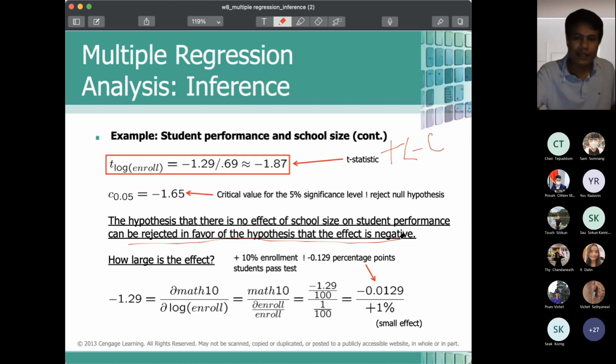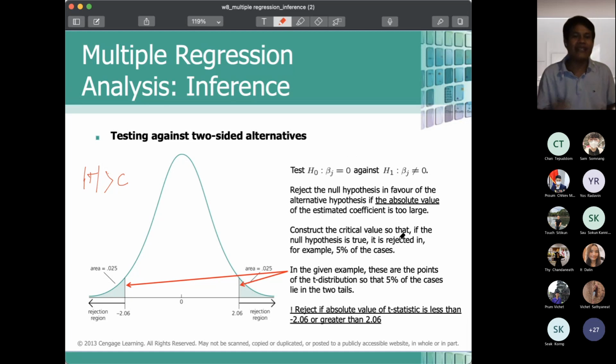All right. So next, now we discuss testing against a two-sided alternative. What is a two-sided alternative? Remember, earlier on, the null hypothesis always starts that delta J equals 0. So for instance, you believe that COVID has a positive effect on dropout rate. When we say positive, it means it's in the same direction, right?